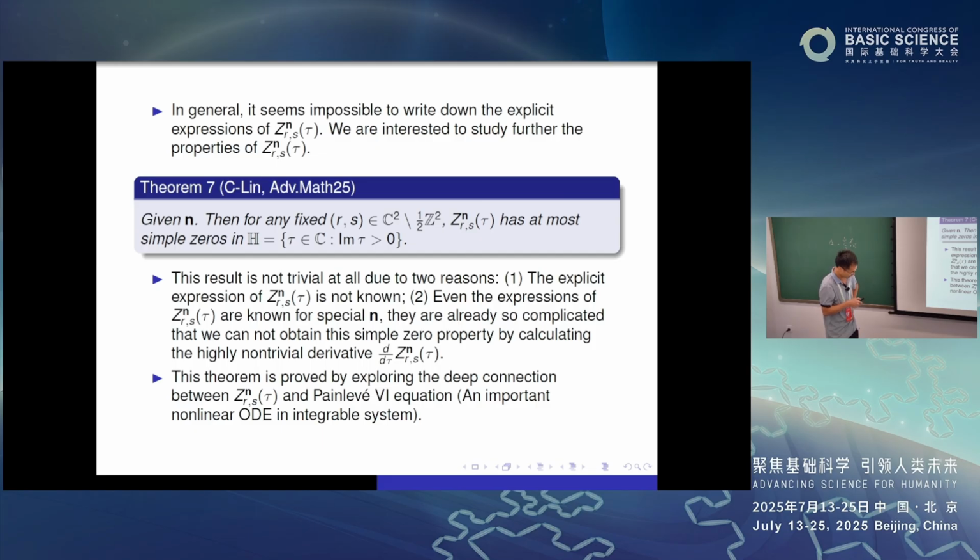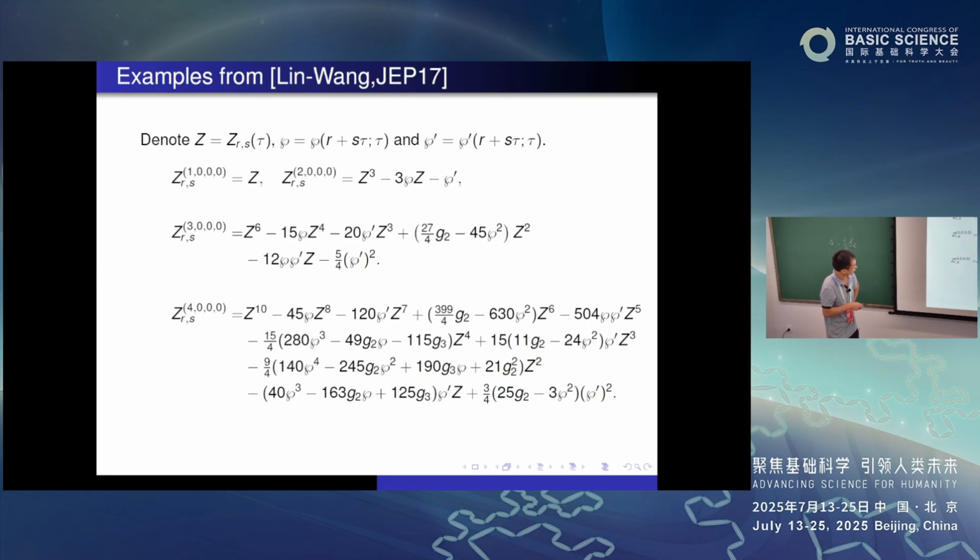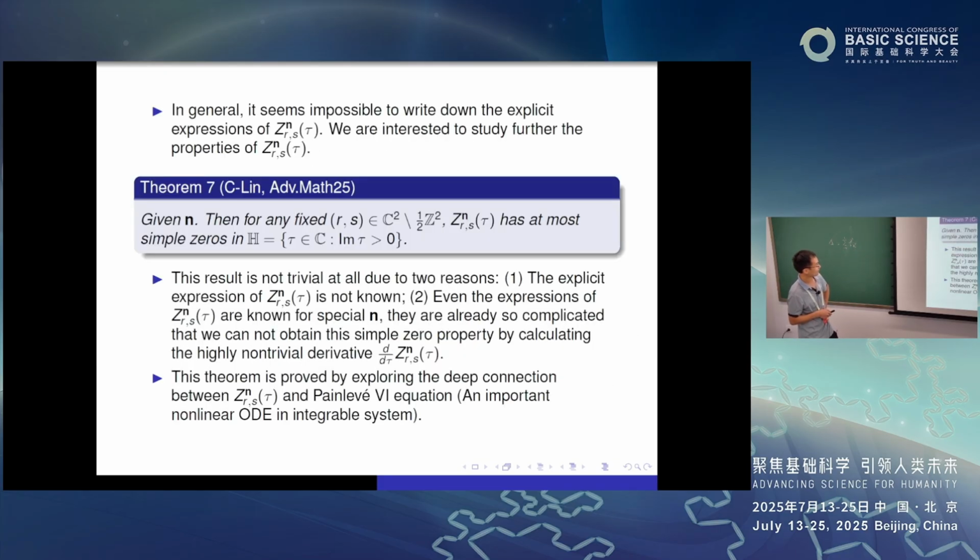Another reason is that even for the cases where the expression is known, the derivative with respect to tau is very complicated. So we prove this theorem by studying the deep connection between the pre-modular form and the Painlevé VI equation that I will introduce later. The Painlevé VI equation is an important nonlinear ODE in integrable systems.